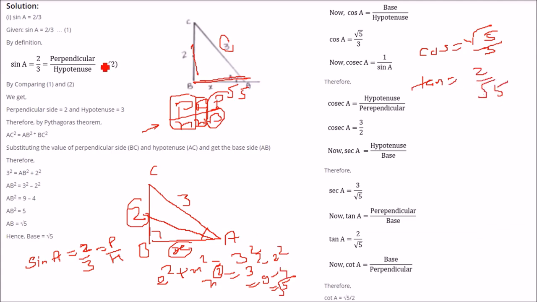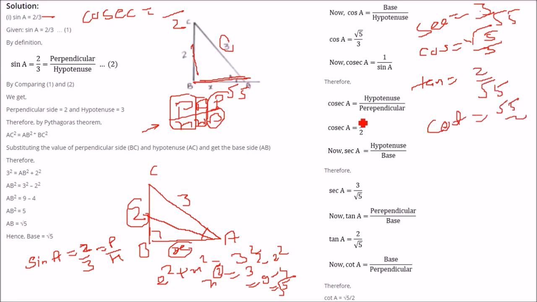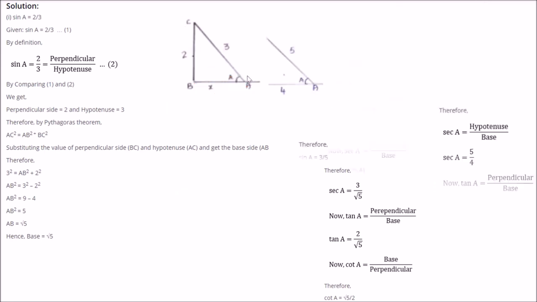Now you see, sin is given, cosec is the reciprocal of sin. So cosec will be 3 by 2. Then we have cos, so sec will be the reciprocal of this. And cot will be the reciprocal of 2 by root 5. So these are the values.